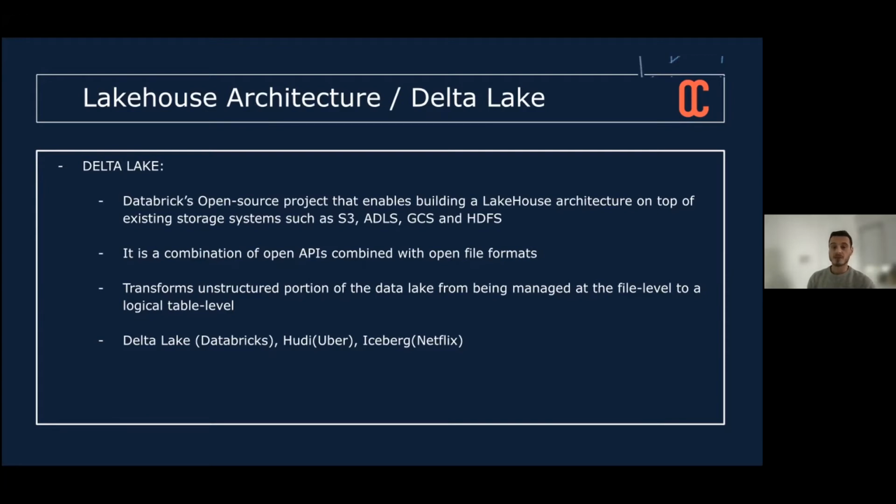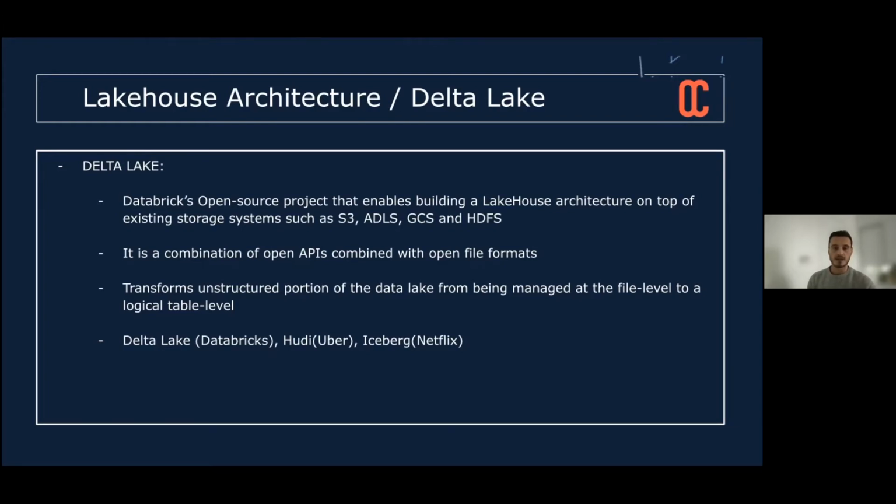I assume companies that were already using a data lake move to the lakehouse model. They already have a lot of data in S3 if using AWS, ADLS is the data lake storage from Azure, GCS is Google, and HDFS is Hadoop.